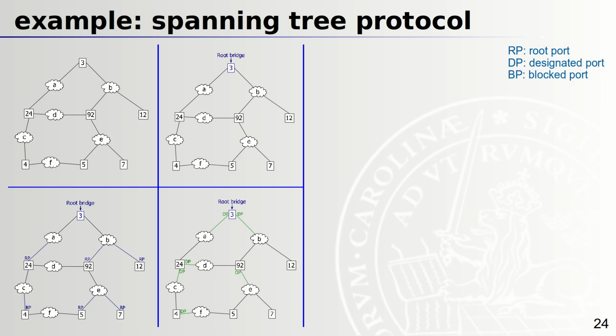Again, based on some metric concerning the quality of the connection of that segment to the root. This time, though, in comparison with the other bridges connected to the same segment. The result of that negotiation is the identification of one so-called designated port for each segment through which the external traffic will leave and enter that subnetwork.